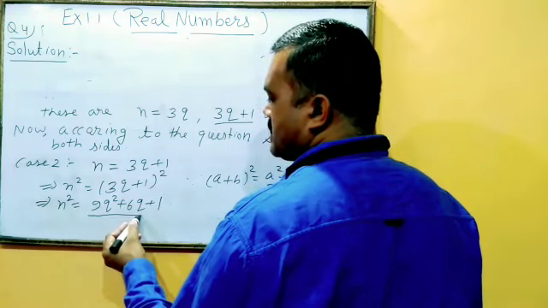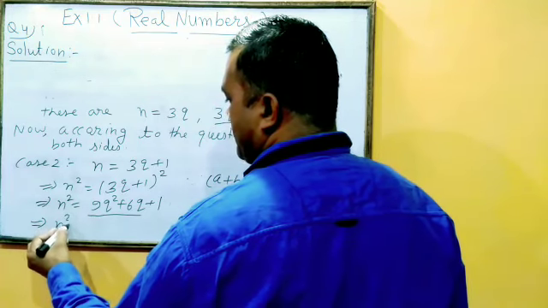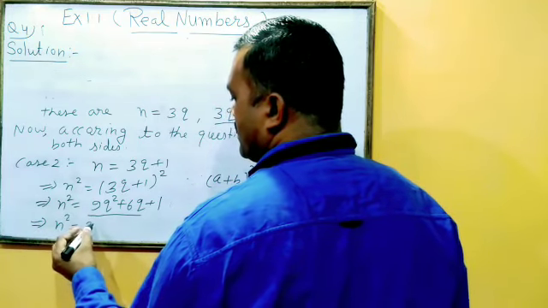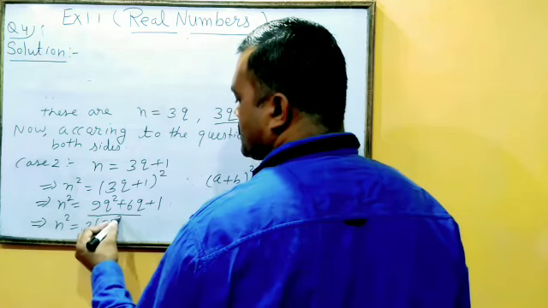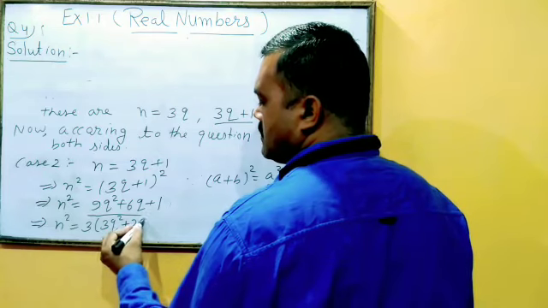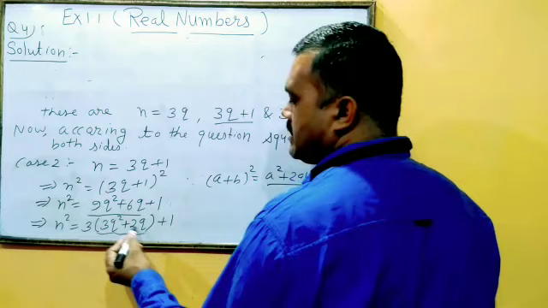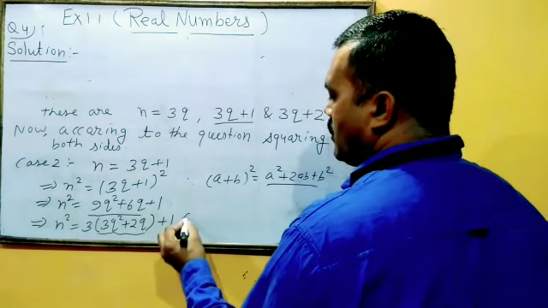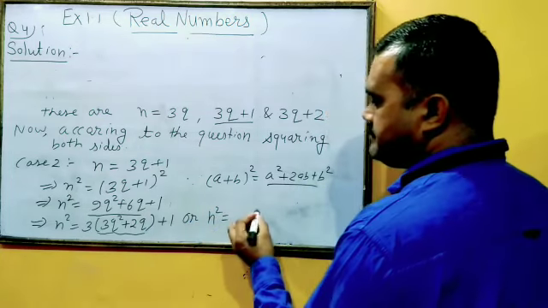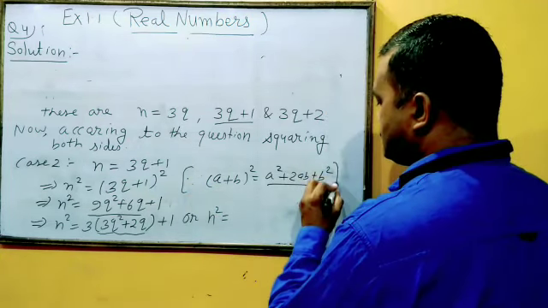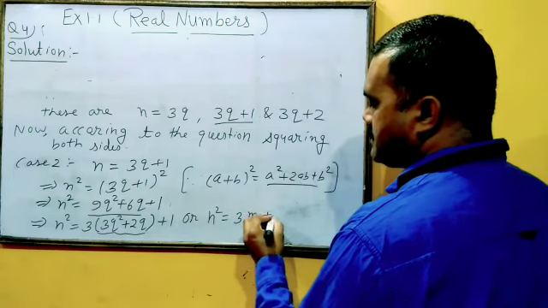From this part we'll take 3 common. n square is equal to 3 taken common, so it is 3q square plus 2q, and finally this plus 1. Now this will be some other integer m, or n square is equal to 3m plus 1.